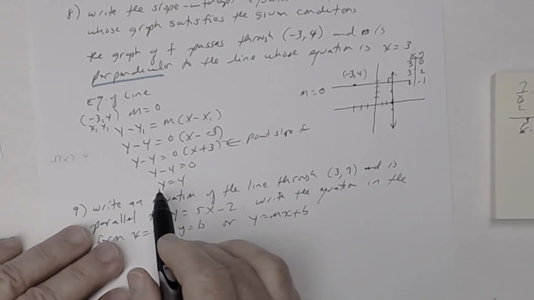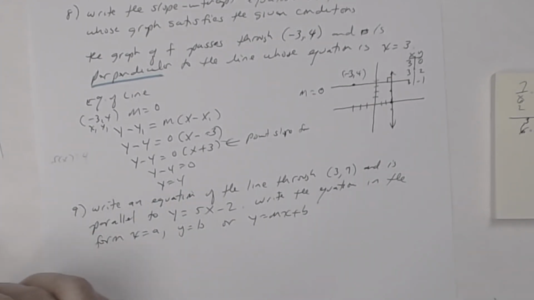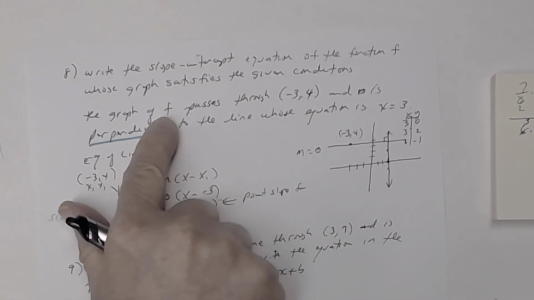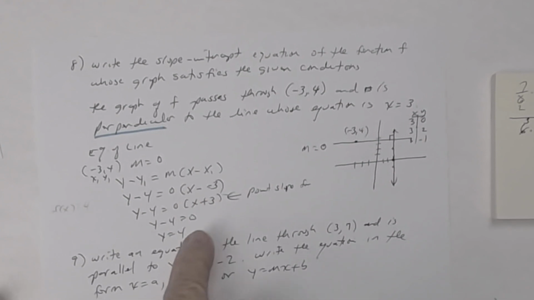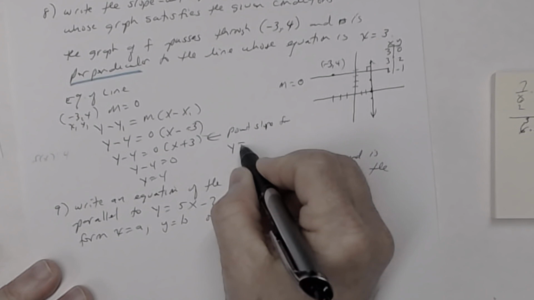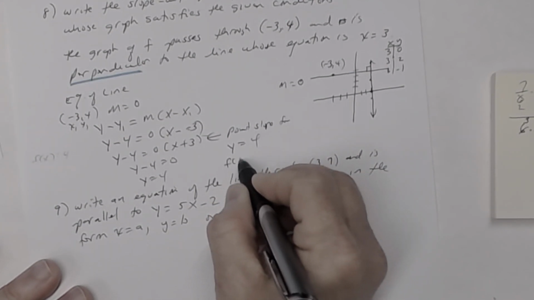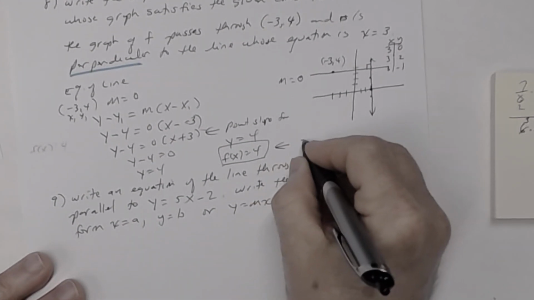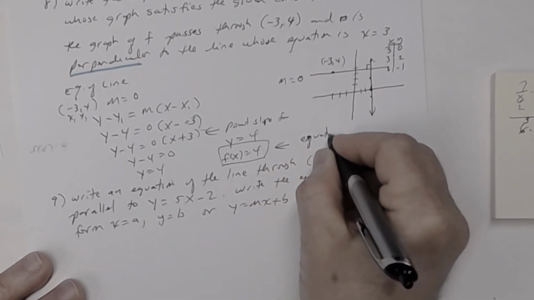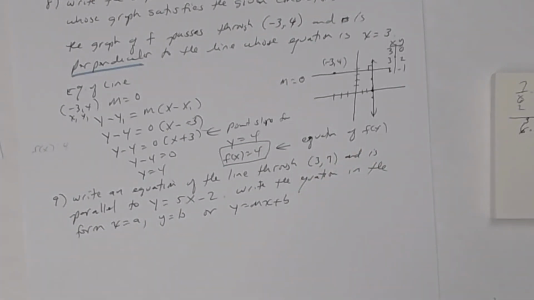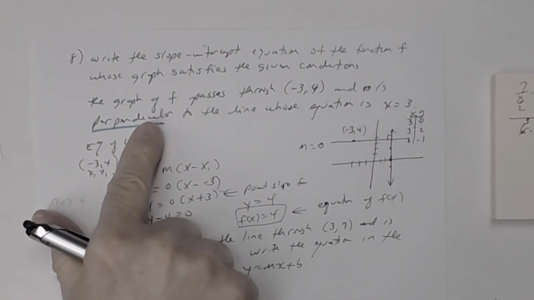But that's not the answer, although it was in some previous problems, because you want to write this as a function. Remember, y means the same thing as f of x. So y equals 4 means f of x equals 4, and that's the equation of f of x. Don't just say y equals 4. Say f of x equals 4, because that's what the directions said.